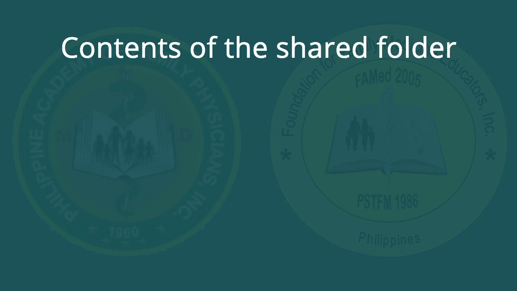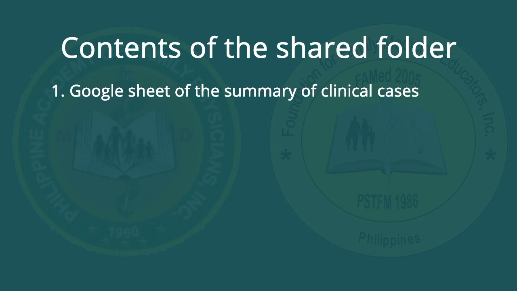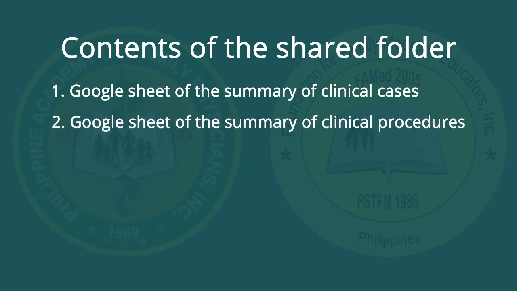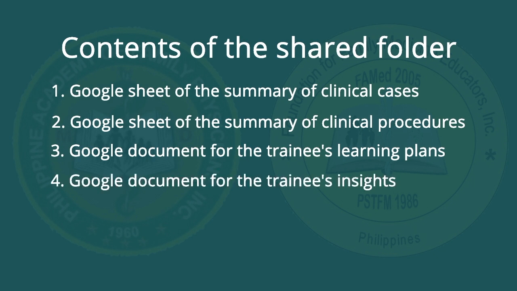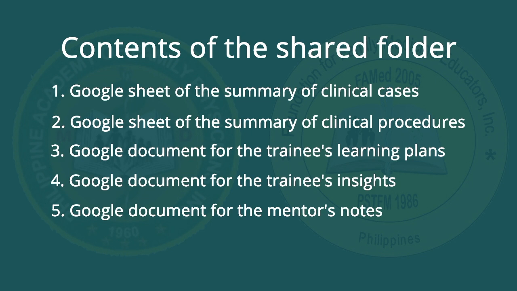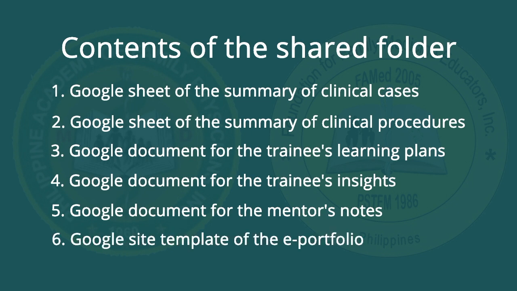This folder contains the following: a Google Sheet of the summary of clinical cases, a Google Sheet of the summary of clinical procedures, a Google document for the trainees' learning plans, a Google document for the trainees' insights, a Google document for the mentors' notes, and a Google Site template for the e-portfolio.